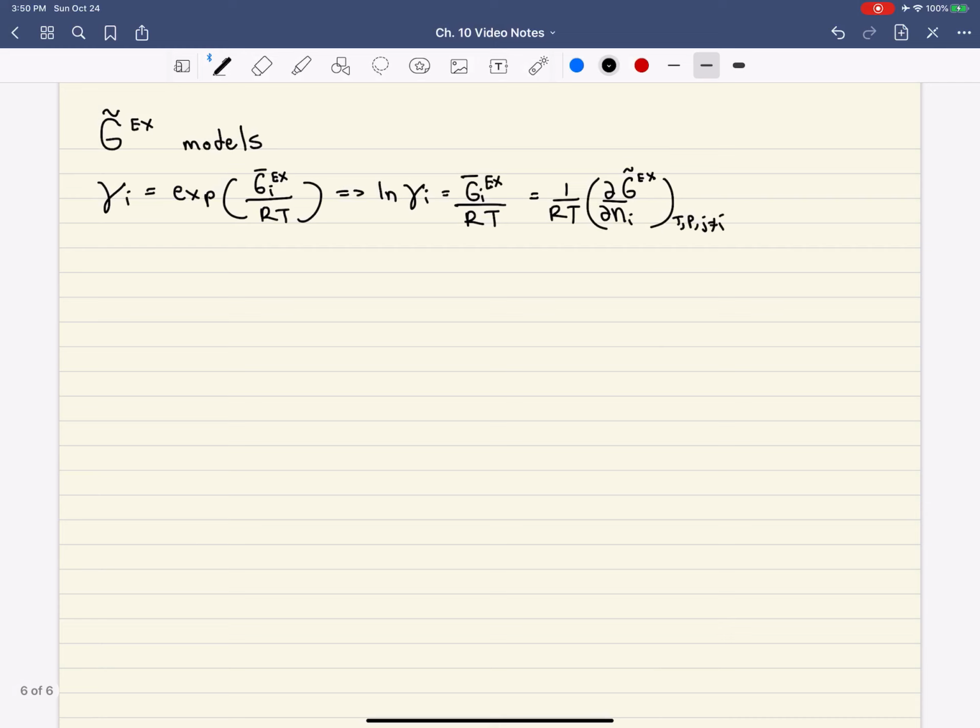And so, similar to when we discussed our various pressure, volume, temperature equations of state, there's also lots of different models for the molar Gibbs excess energy.